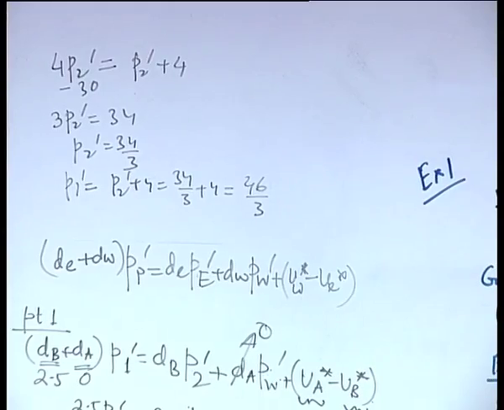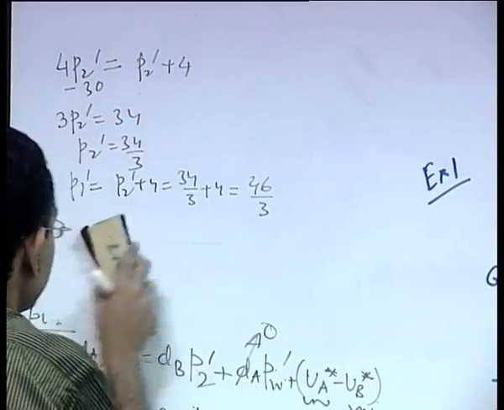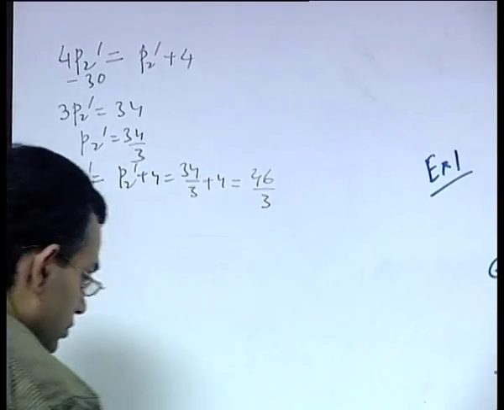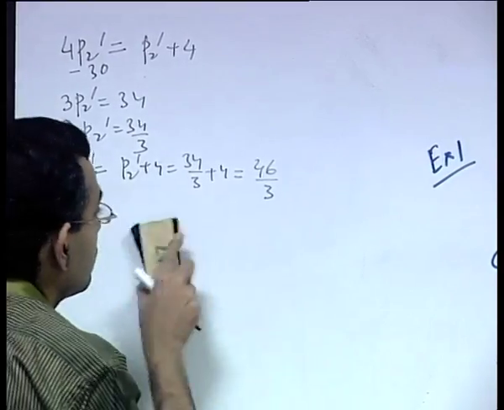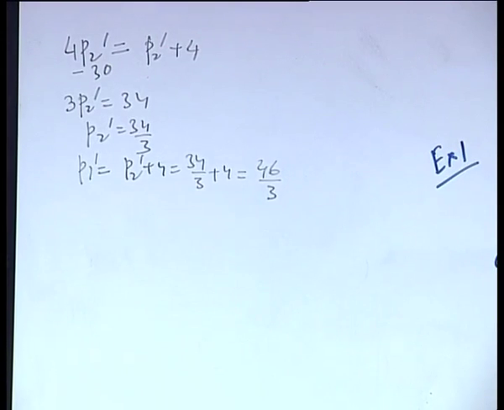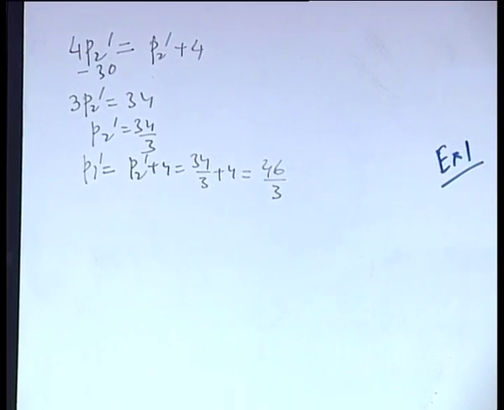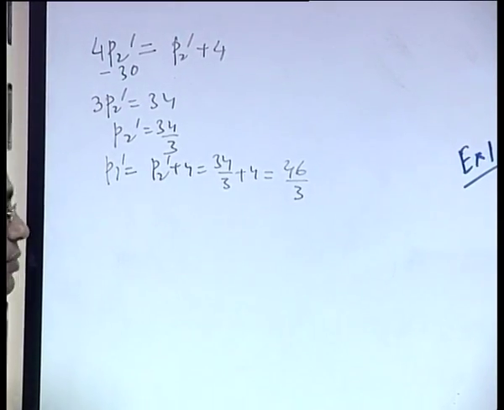So once you obtain the pressure corrections, what will be the next step? So you have to update the velocity based on the pressure correction.